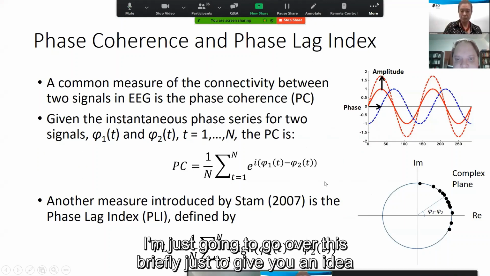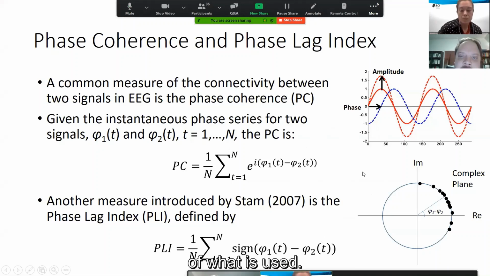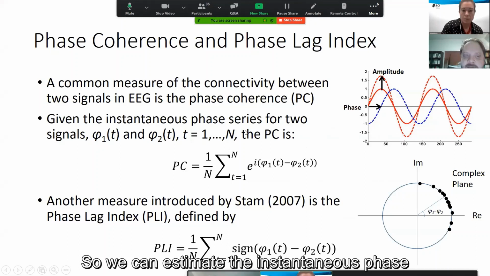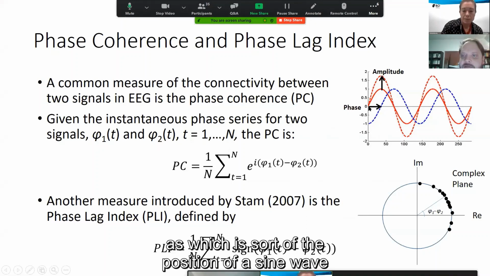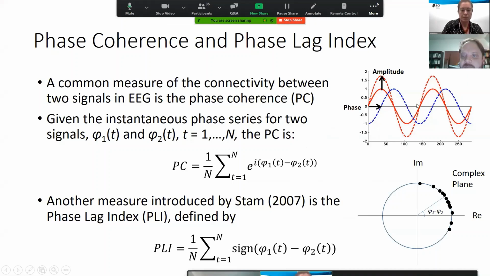I'm just going to go over this briefly, just to give you an idea of what is used. So we can estimate the instantaneous phase, which is sort of the position of a sine wave along the time axis.